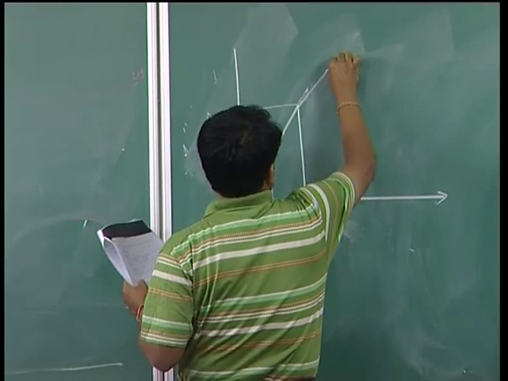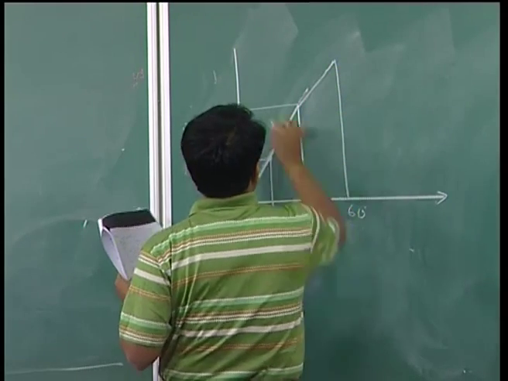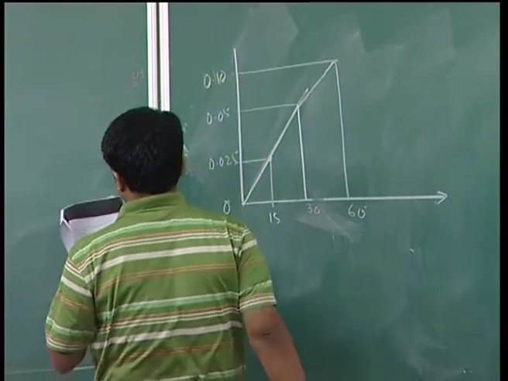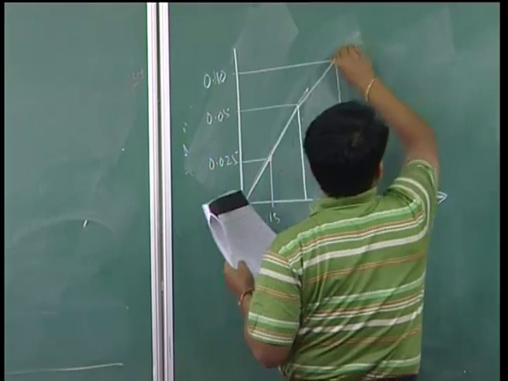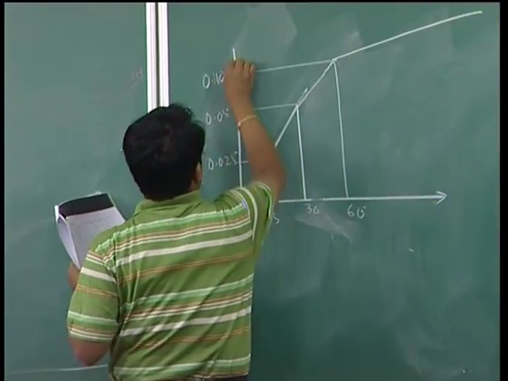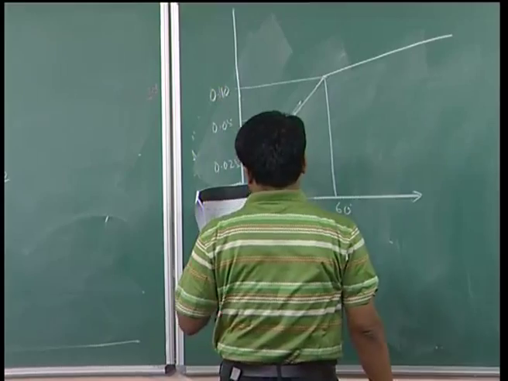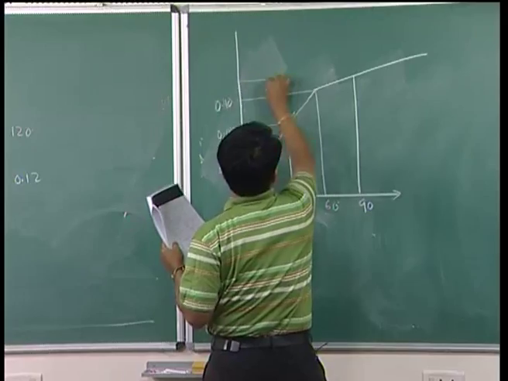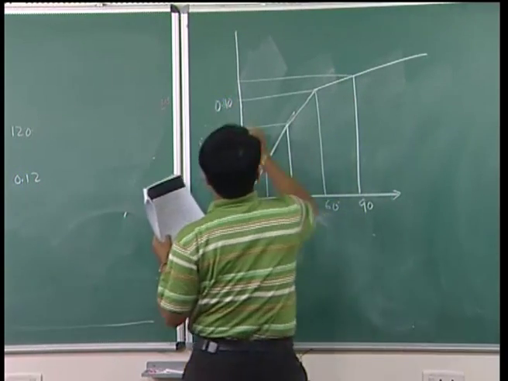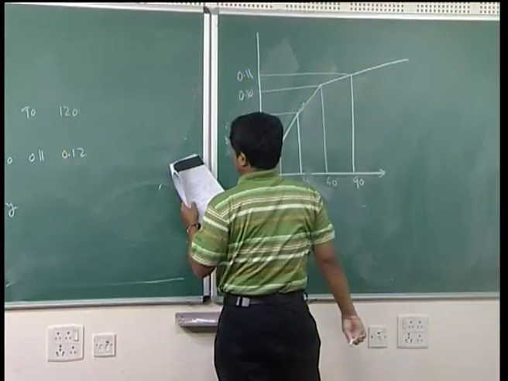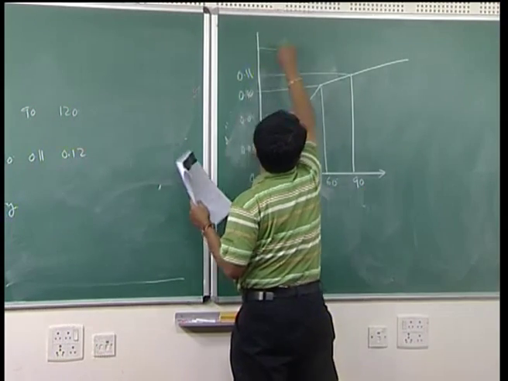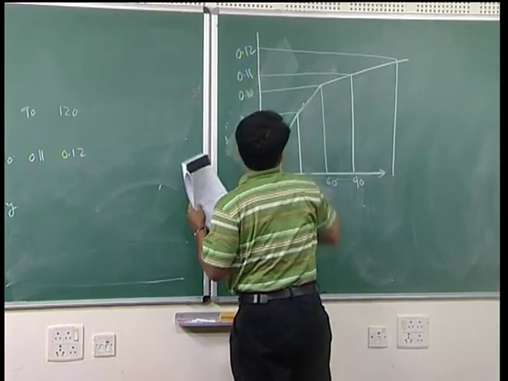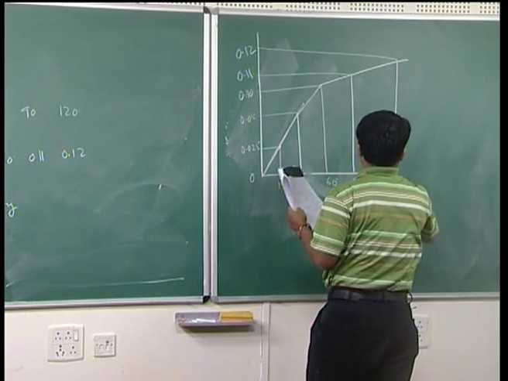Increasing it, 60 will go up to 0.10, then 90 will give 0.11, then 120 will give 0.12.